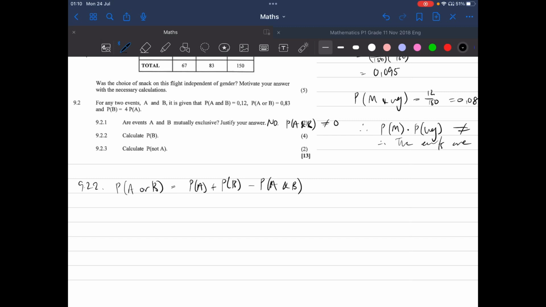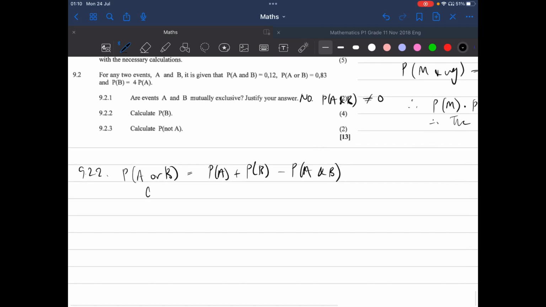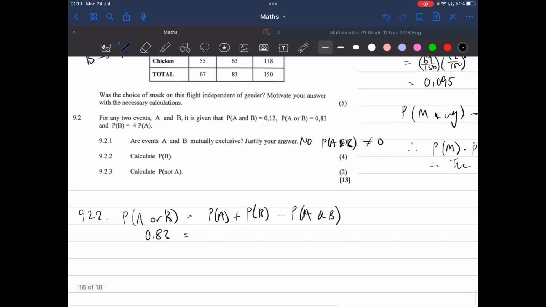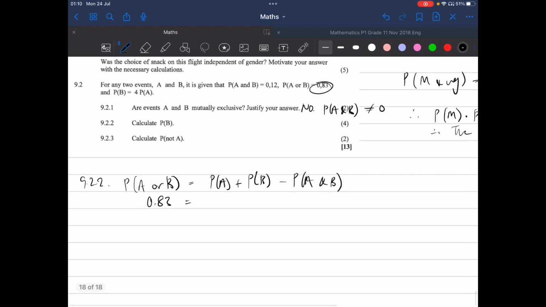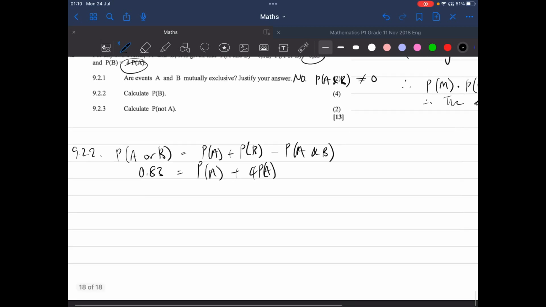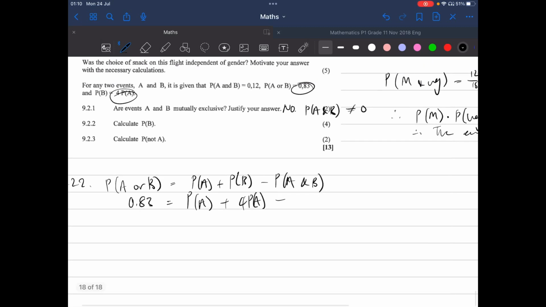A or B was 0.83. The probability of A is an unknown, so let's just leave it as P(A). The probability of B is 4 times P(A). And P(A and B) is 0.12.